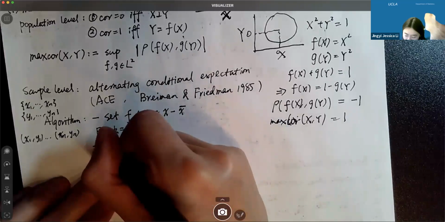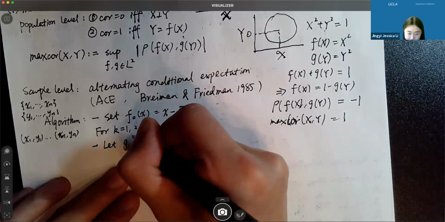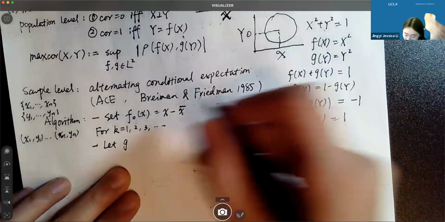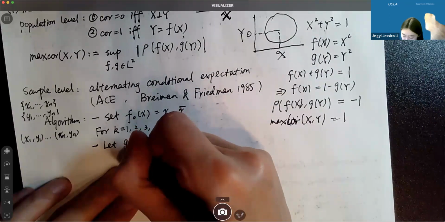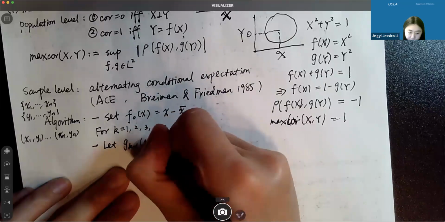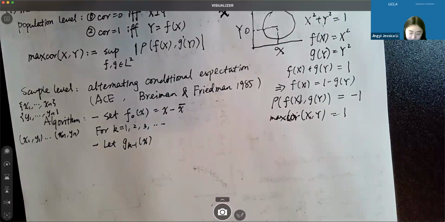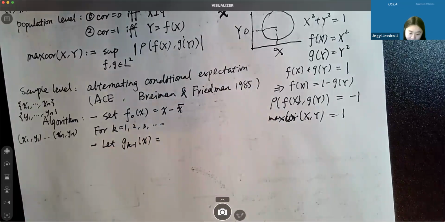we let the g, let me see, maybe I should talk about g first. So let g_{k-1} in the previous round at y be based on the way you want to do the expectation.